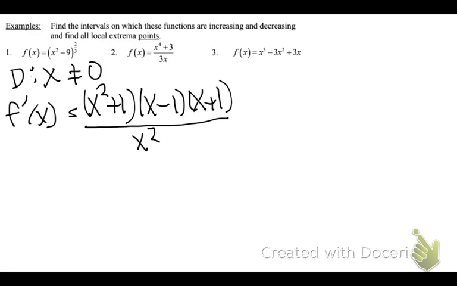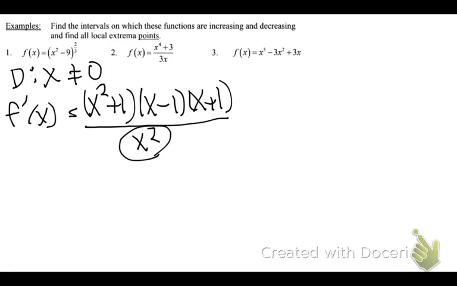So our critical values are where the derivative is undefined or 0. It's undefined when x is 0, which we already have in our domain restrictions. So that's not a critical number. It's not part of the original function. This is where the original function is undefined.